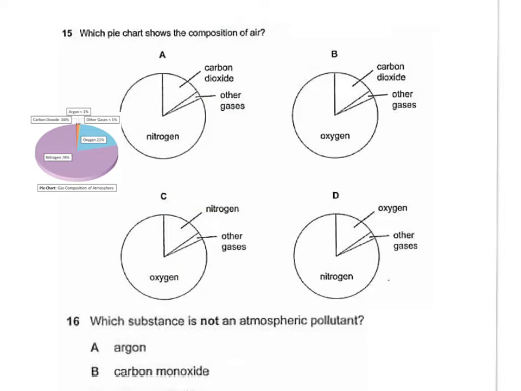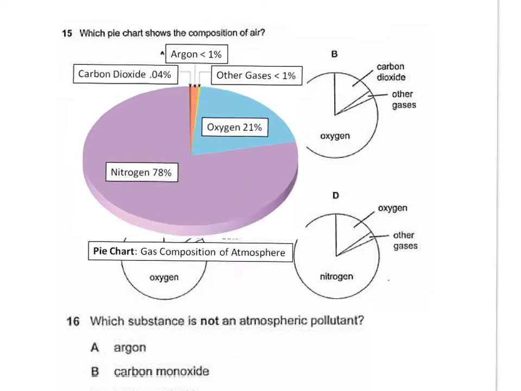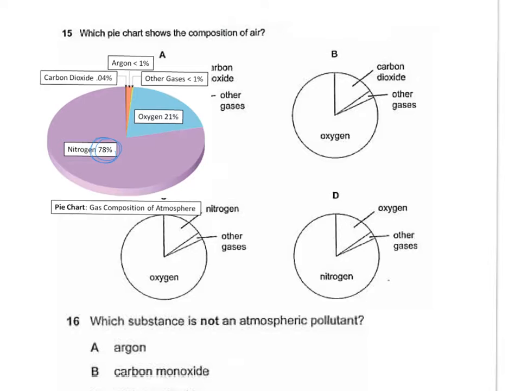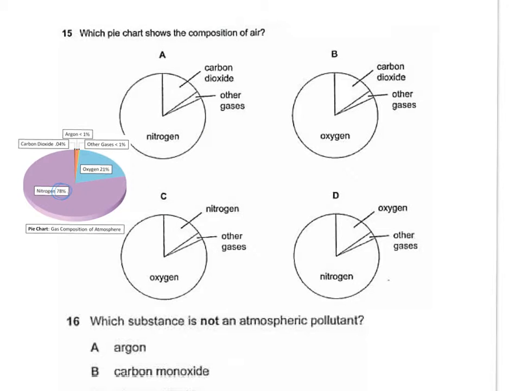Question 15. Which pie chart shows the composition for air? Now we know that in terms of percentage composition, you need to memorize that nitrogen is 78%. That's more than 3/4. So look for the pie chart that has more than 3/4, that's nitrogen. So you have over here A being possible, D which is more than 3/4.